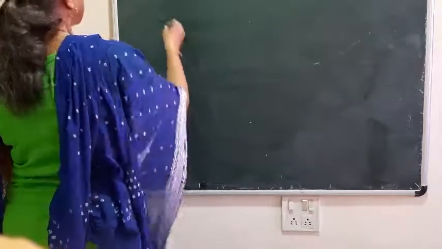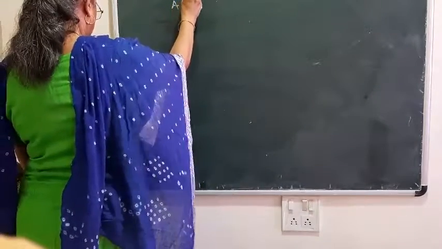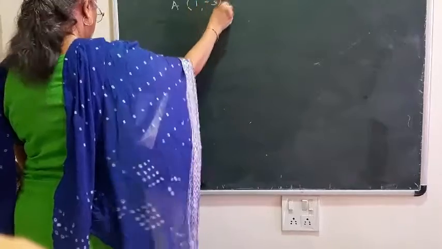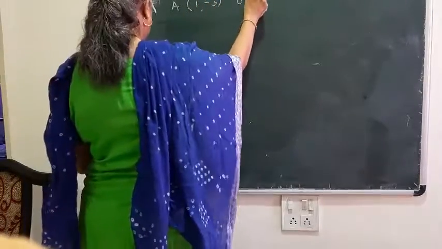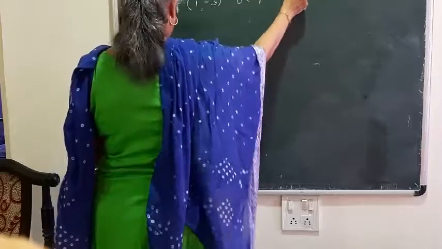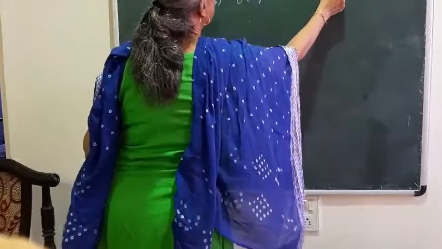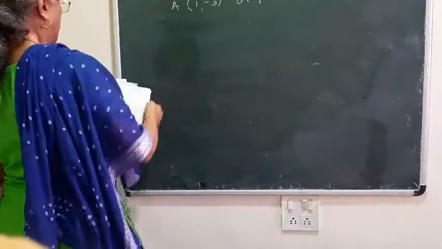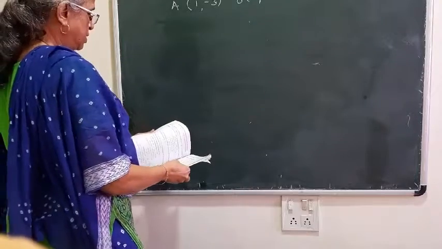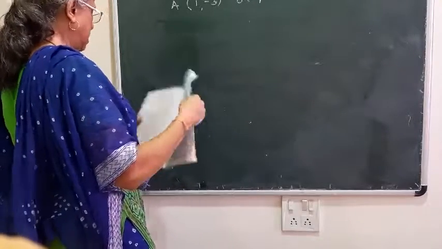So I will copy the sum. A is given as (1, -3), B has coordinates (2, -5), and C is (-4, 7). Again here we are going to use the distance formula. I will write the method as given in your book.